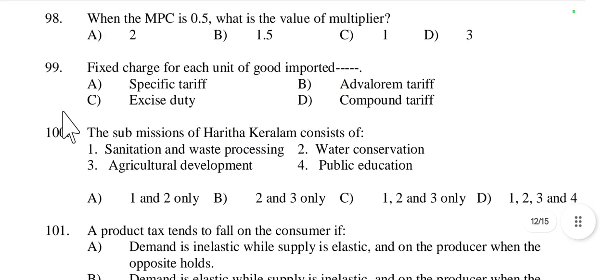Then next question: a fixed charge for each unit of good imported is called dash tariff: specific, ad valorem, excise duty, or compound tariff. When you import from another country, there is a fixed charge for each unit.